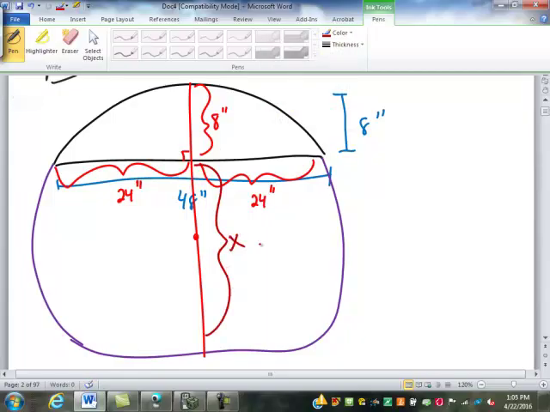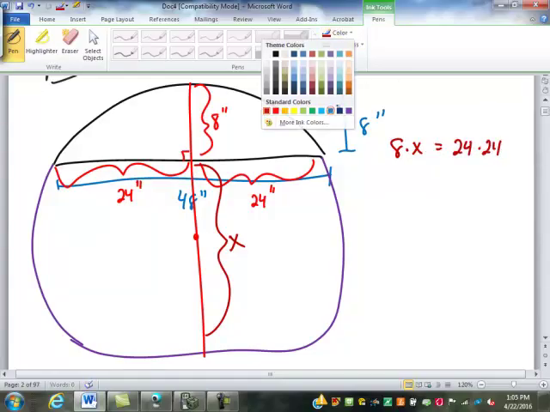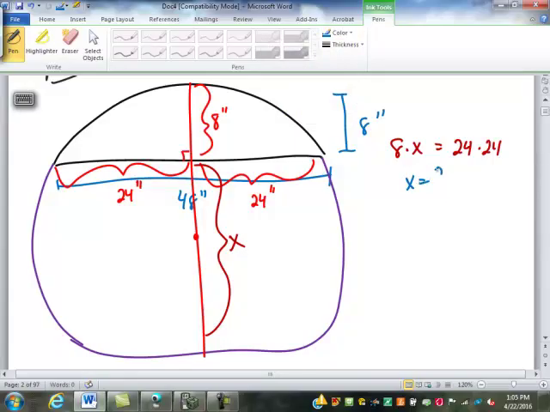And we know that when you have two chords that intersect in a circle, the product of the two lengths is a constant. So 8 times x has to equal 24 times 24. So in other words, x equals 24 times 24 divided by 8, otherwise known as 72 inches.